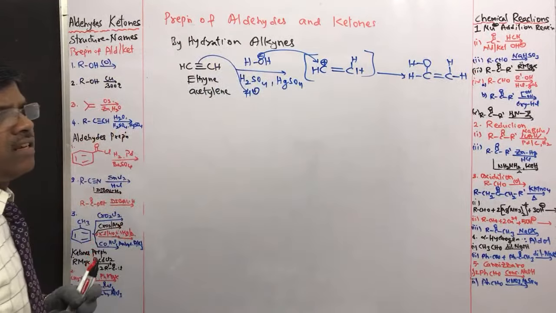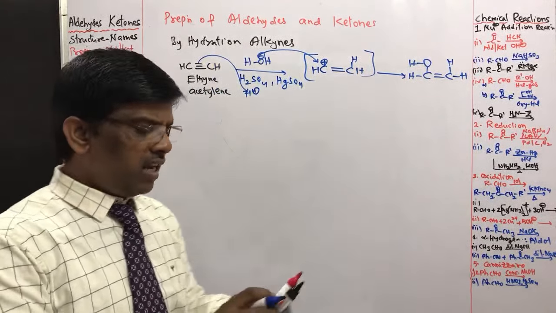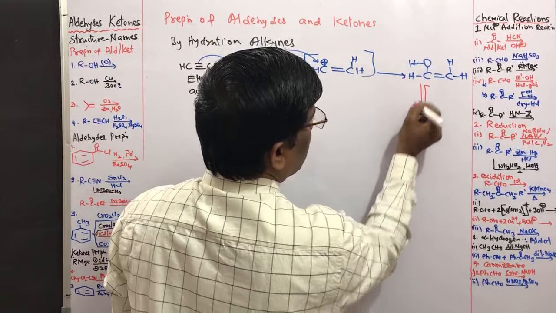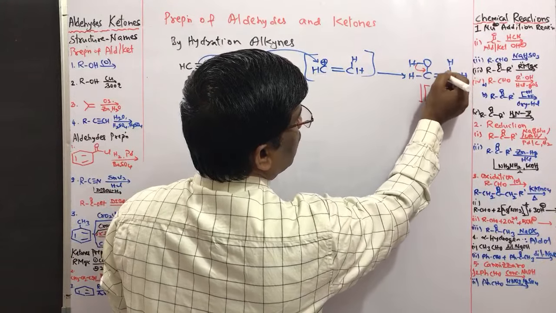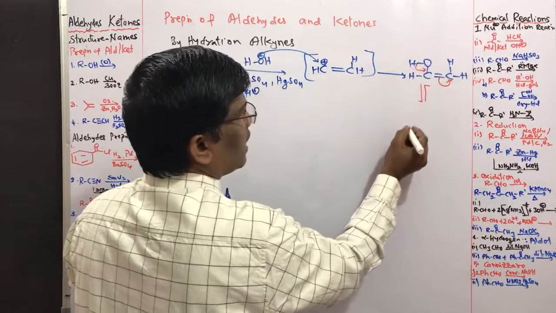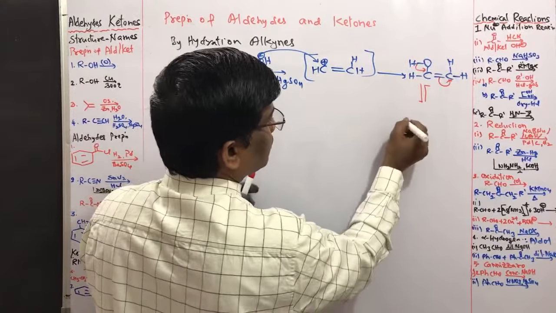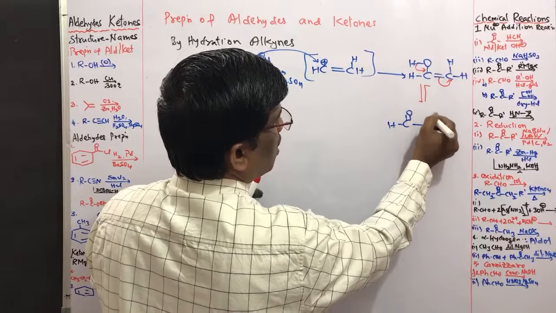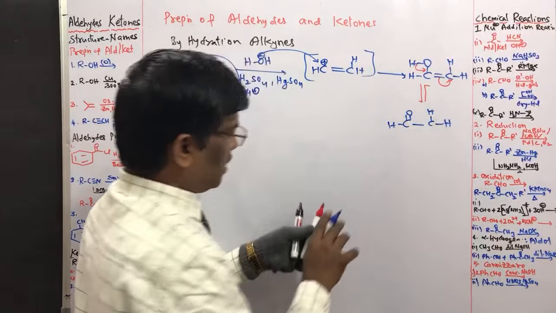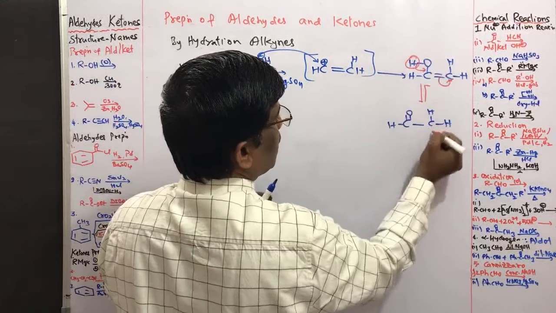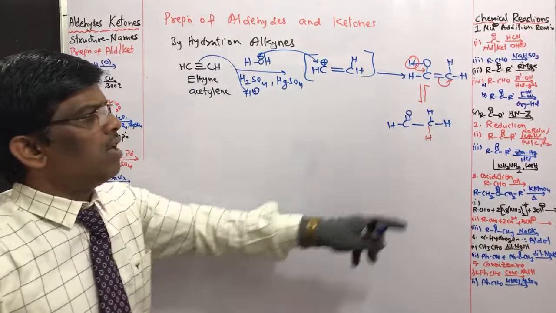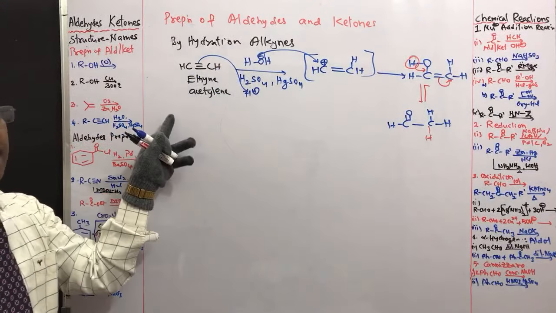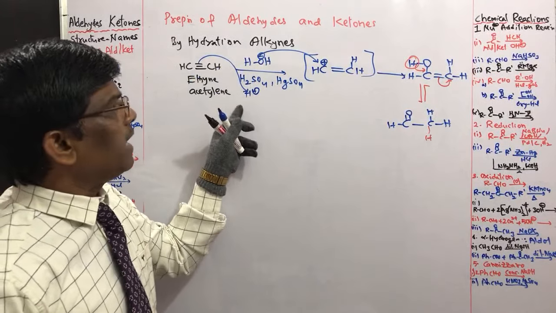Is it going to exist? Vinyl alcohol is nothing but a tautomer of acetaldehyde. How? The double bond is going to shift to give a single bond, two hydrogens are there, and this hydrogen is coming here. So, tautomer of acetaldehyde. Acetaldehyde can be prepared starting from acetylene by hydration.